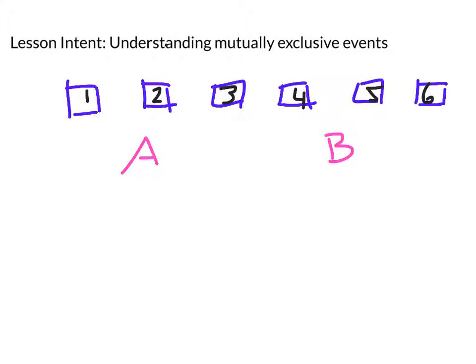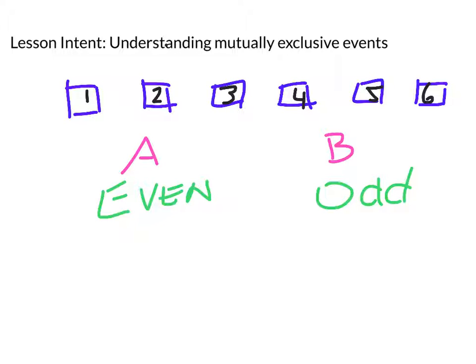For instance, let's say we have the probability that the first throw is going to be an even and the second throw is going to be an odd. We would consider these as being mutually exclusive because when you throw, it can only be either an even or an odd number.